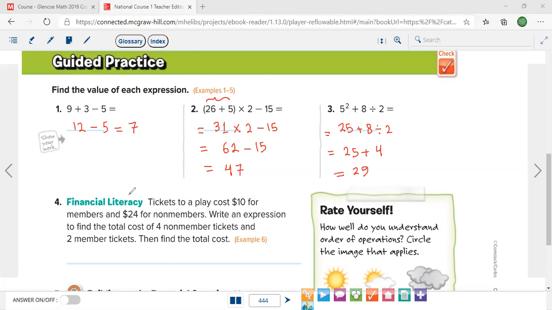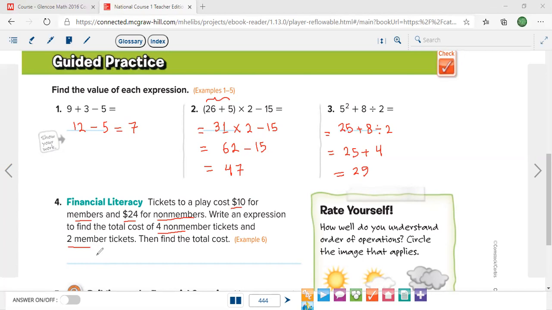Problem number 4. Tickets to a play cost $10 for members and $24 for non-members. Write an expression to find the total cost of 4 non-members and 2 members.